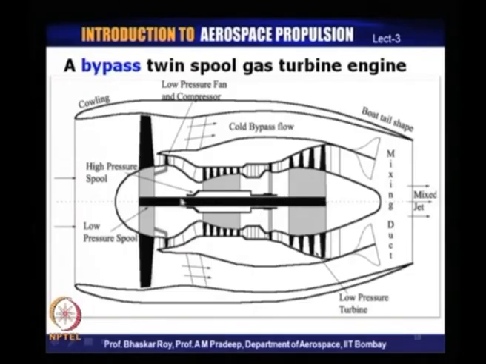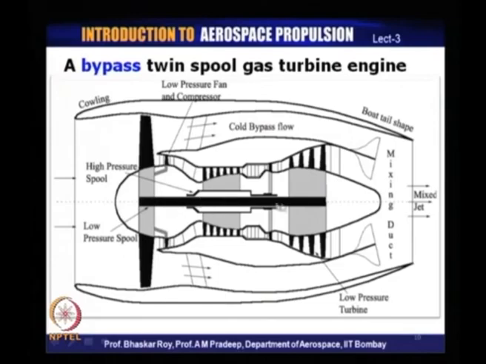There is the inner shaft which runs through, and there is the outer shaft which normally is used to drive the core engine, which comprises the one turbine, which is the HP turbine, and one set of compressors which is referred to as the HP compressor, and hence this spool is referred to as the high pressure spool or HP spool.